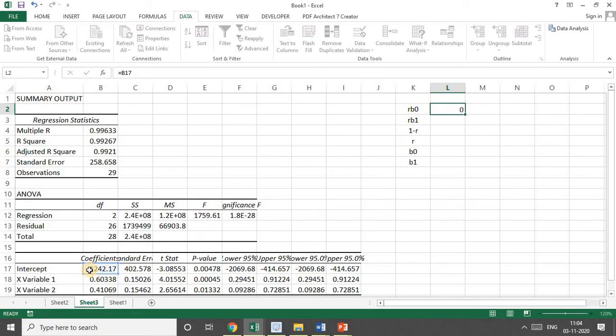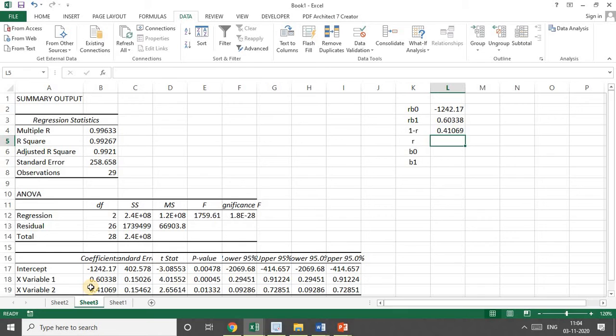So gamma multiplied by beta 0 is minus 242.17. Beta 1 is not directly available, but gamma beta 1 is available. It is 0.60. Gamma is also not directly available, but 1 minus gamma is. What is 1 minus gamma? It is 0.41.